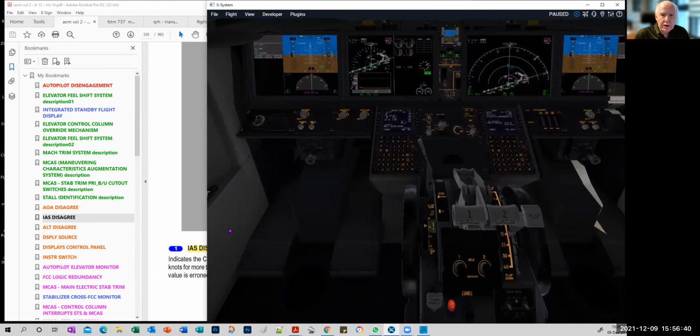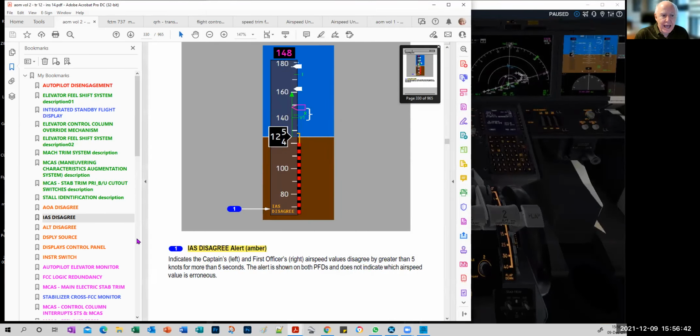So it's important to understand the lights and what the messages mean. And remember, you're not going to be alerted with the master caution system. So you have to really make sure that you include the PFD and scrutinize whatever you see on the PFD often, in case you do get a message.